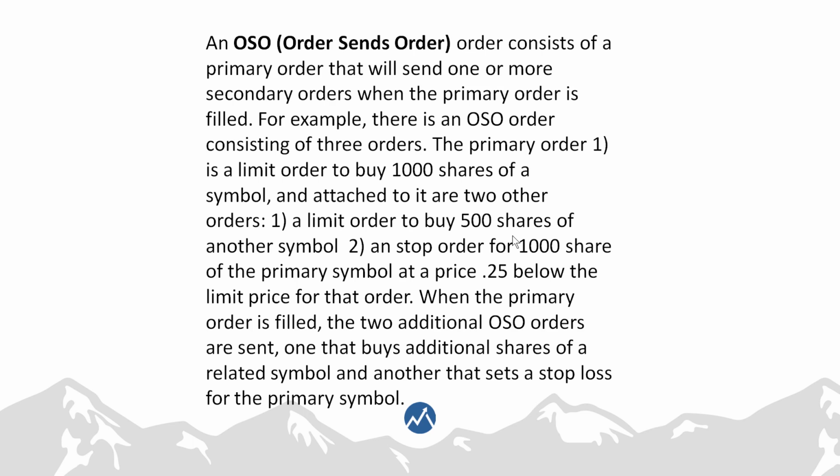OSOs and OCO orders primarily are a way to manage an order or even manage a trade when you're not at the computer. The most common one is the OCO order, where it's one cancels the other. And this applies to futures, forex, stocks, options, whatever instrument you want to use.